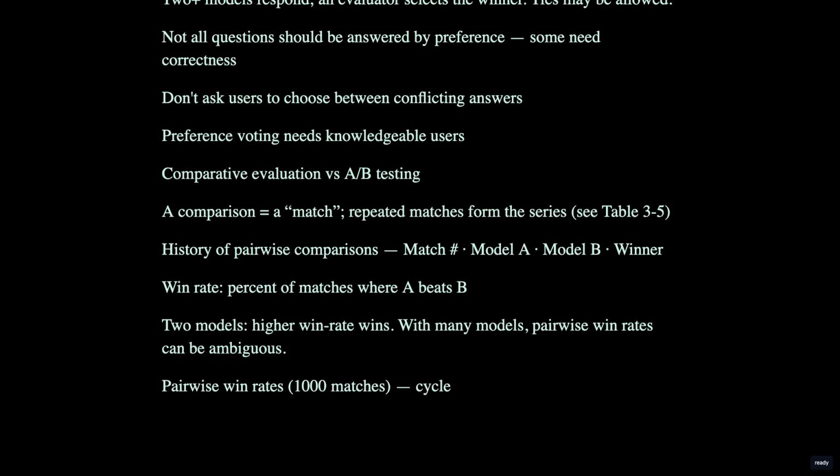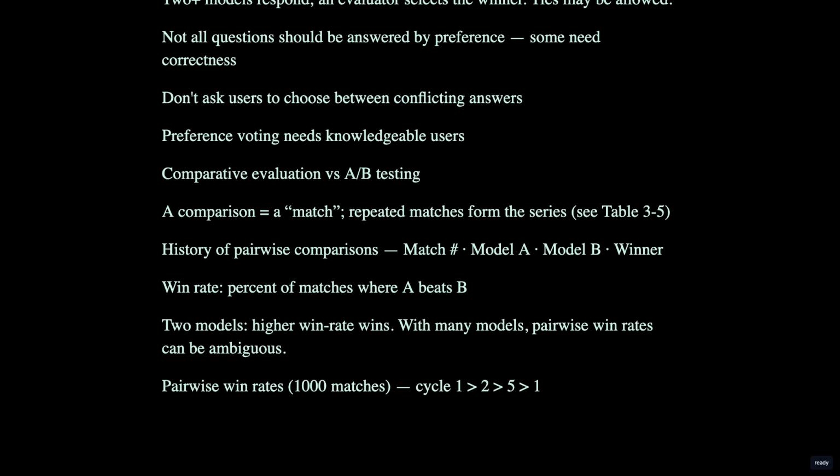This table reports win rates from 1,000 head-to-head matches for each model pair. Notice some surprising patterns. Model 1 beats Model 2 strongly, 90%, but loses to Models 3, 4, and 5. Model 2, meanwhile, beats Models 3, 4, and 5 by large margins, yet loses badly to Model 1.